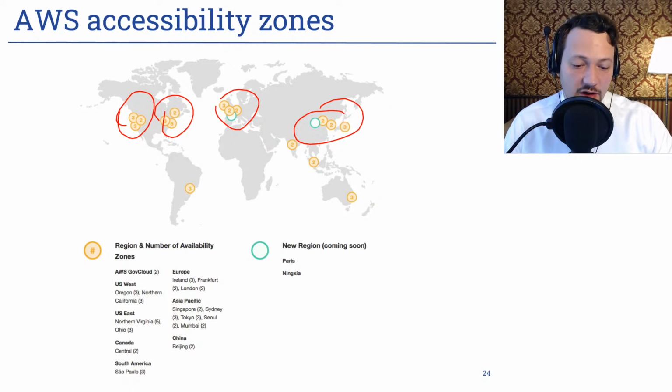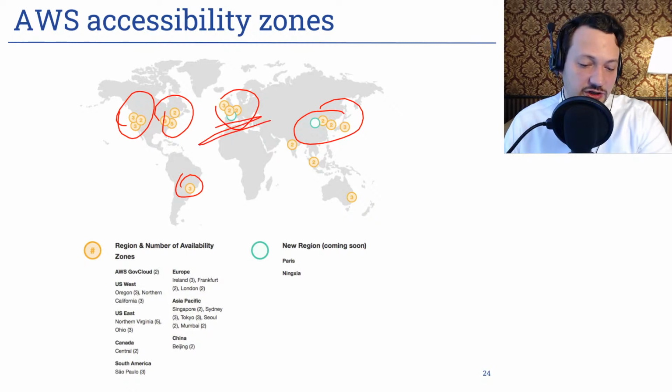So you can see from this map that if you launch your application in Amazon Web Services, you get great coverage for the United States and North America, because they have a lot of availability zones there. They have 3 availability zones in South America. They have great coverage in Europe.